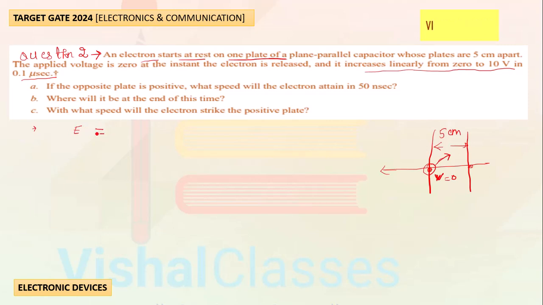Electric field E is equal to V by D, and V increases from 0 to 10 volt, and the distance between the plates is 5 centimeter, converted into meter.